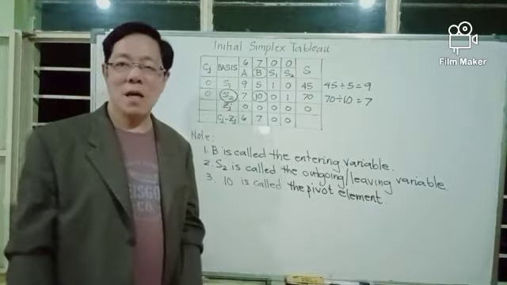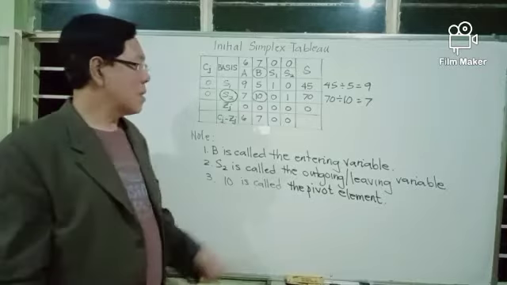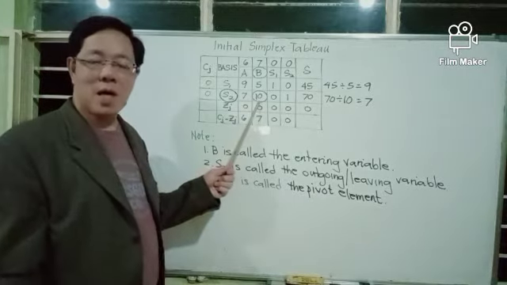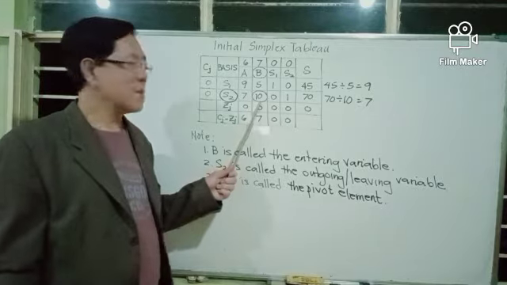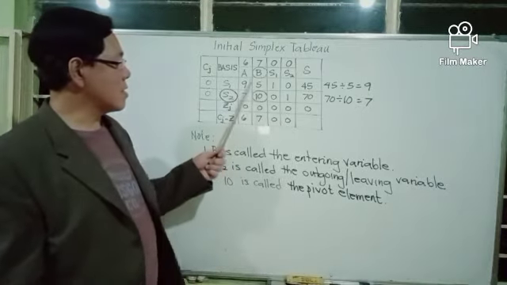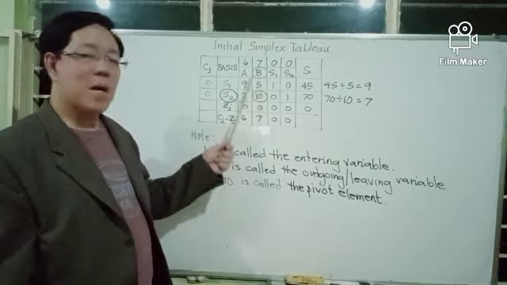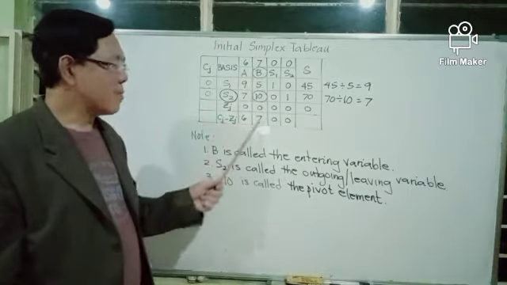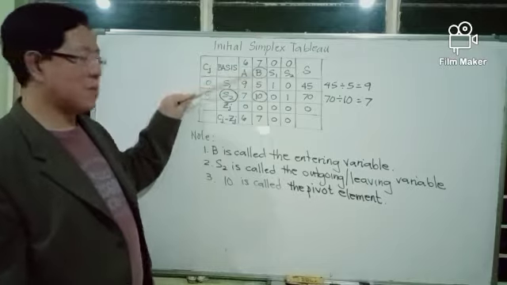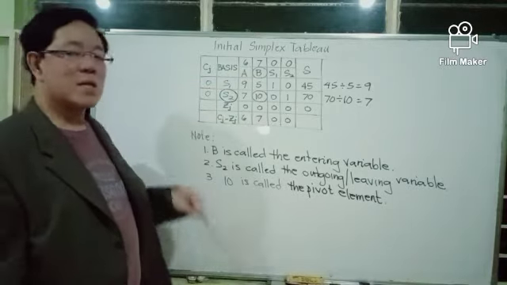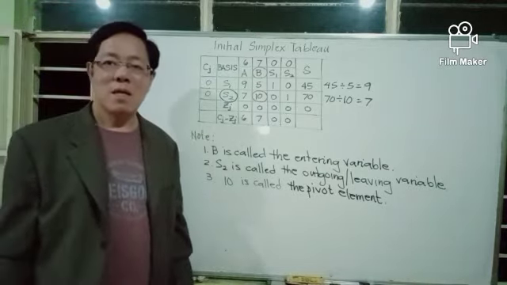In the second simplex tableau, the pivot element must be changed to 1. And all the other entries in the pivot column, except the first two entries, B and 7, and the last two entries, must be made 0.